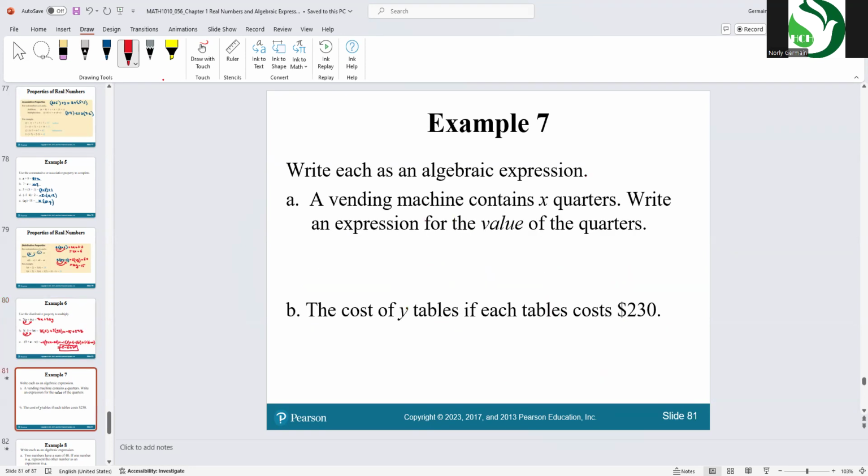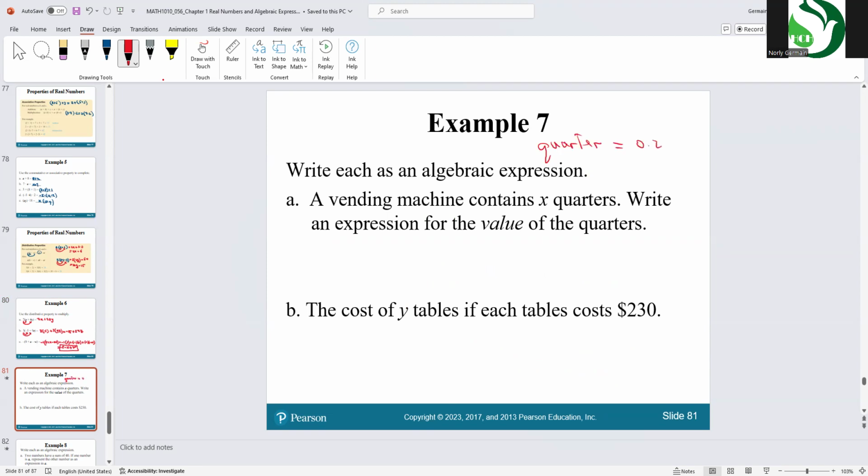That's very important. When we ask you to write each as an algebraic expression, here we try to write algebraic expressions, which is one of the objectives we're pursuing in this section. A vending machine contains x quarters. What is a quarter? How much money is a quarter?